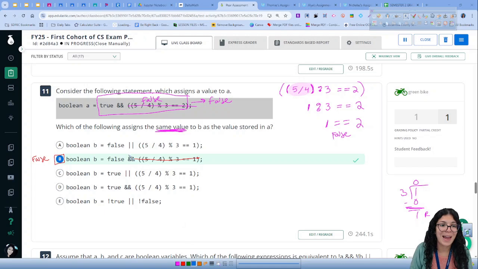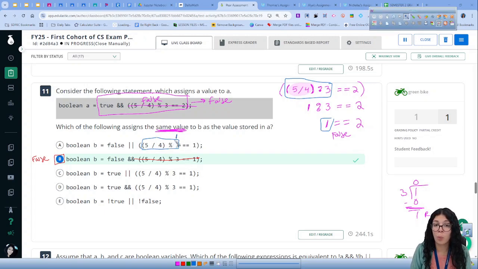So let's take a look at A. A is an OR. The first one is false, but it's an OR. So if the second one is true, then the final result is true. Because remember, in an OR, you only need one of the conditions to be true. So we do 5 divided by 4 mod 3 and check if that equals 1. We actually just did that a second ago, and we got that it's 1.